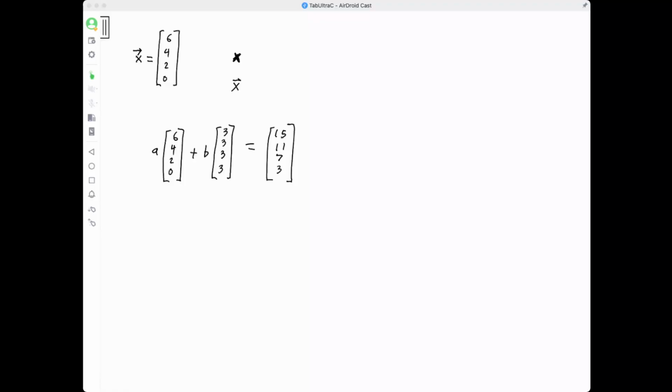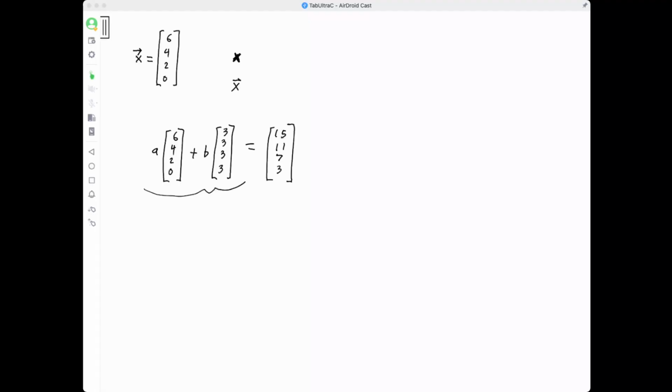Well, I can just try to solve this for A and B. To do that, I would just take the left side and figure out what that looks like. So what is A times this plus B times that?